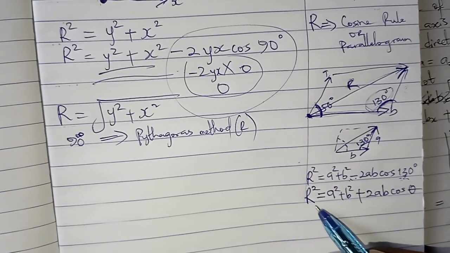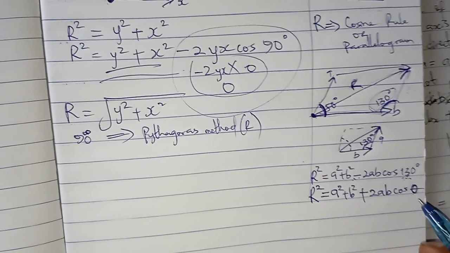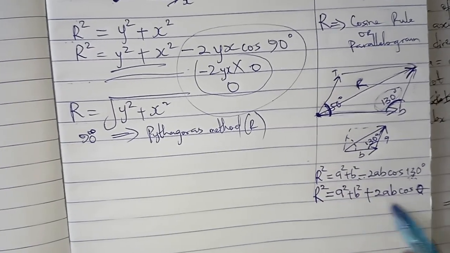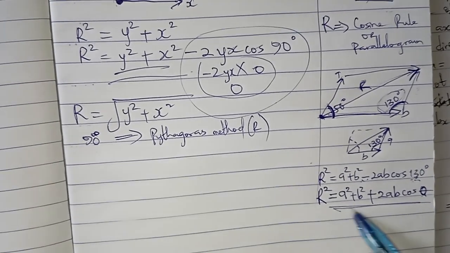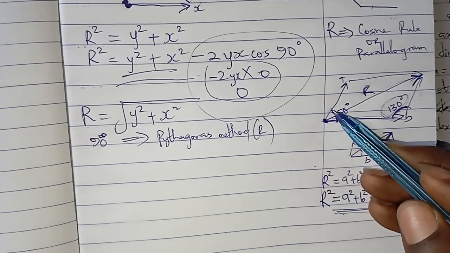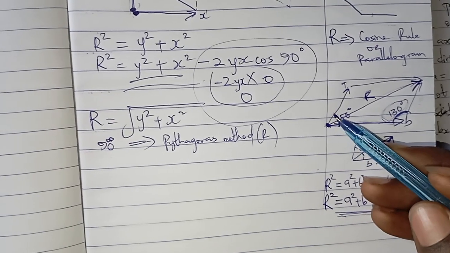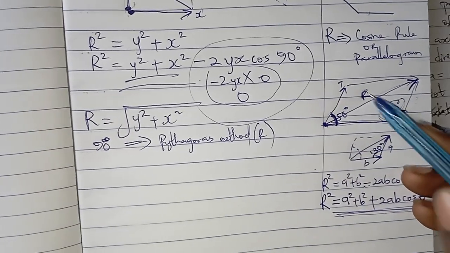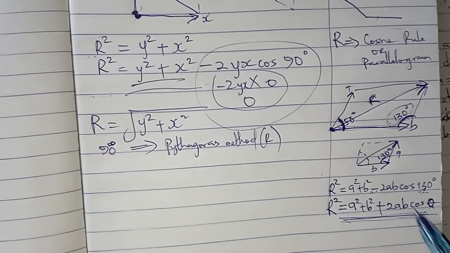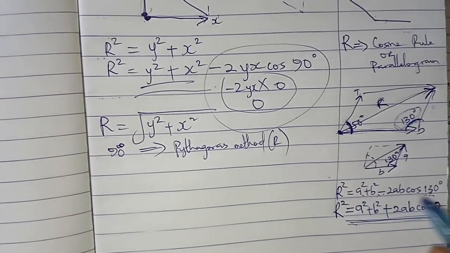It's either you use this, when you are using this cos theta, notice that the theta is the same as this. If you must use this formula, make sure that the angle is on the part that is not opposite to the R. But when you notice that what you have is facing your resultant, which is the R, you employ this other formula.